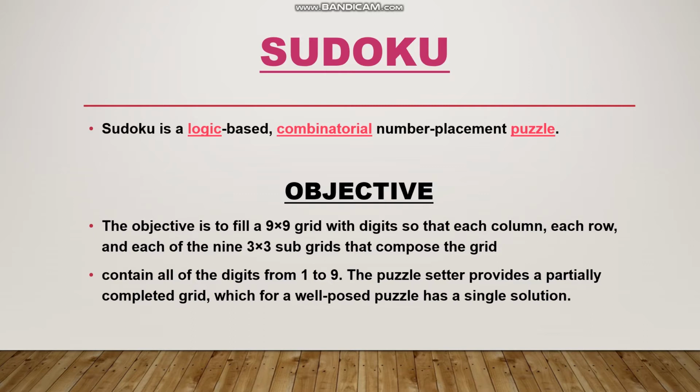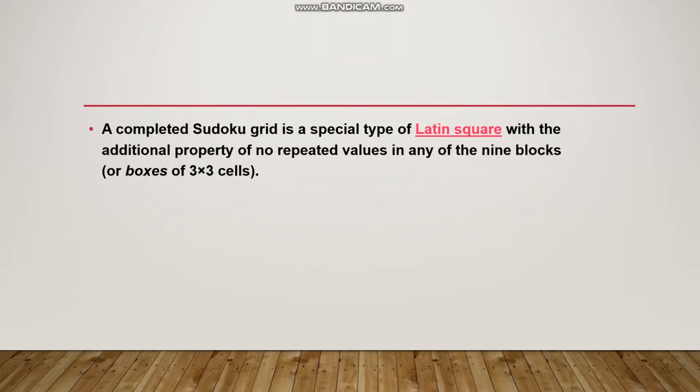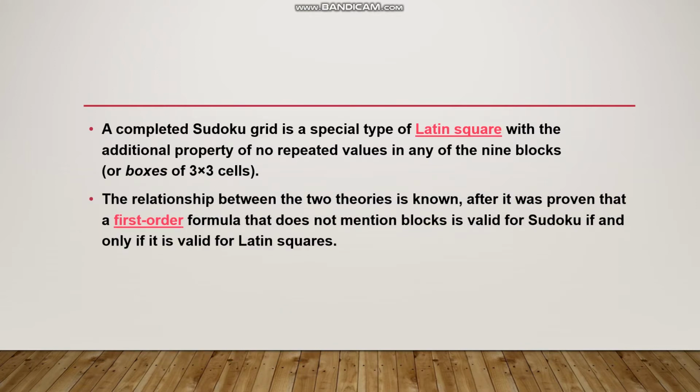Completed games are always an example of a Latin square, which includes an additional constraint on the contents of individual regions. It means the same integer may not appear twice in the same row, the same column, or any of the 9 sub-regions of 3 by 3 grid while playing. We have variations of this too. The relationship between two theories is known after it is proven in first-order formula.